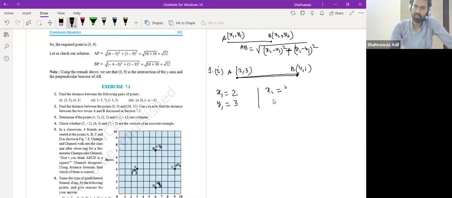And how much is y2? 1. Right, so now we know x1, y1, x2, y2.